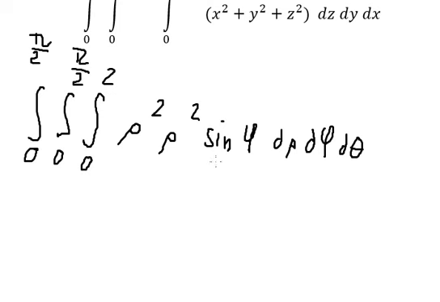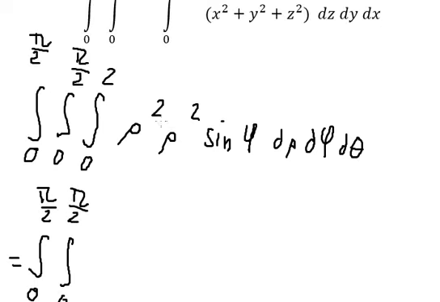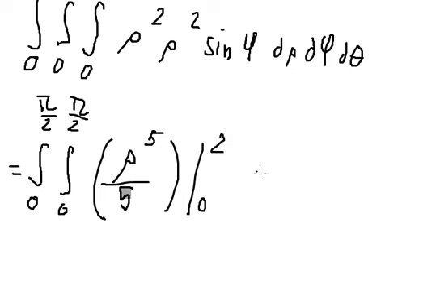And now we need to calculate this one. The integration of rho to the power of 4 gives rho to the power of 5 over 5. And we put the bounds from 0 to 2.